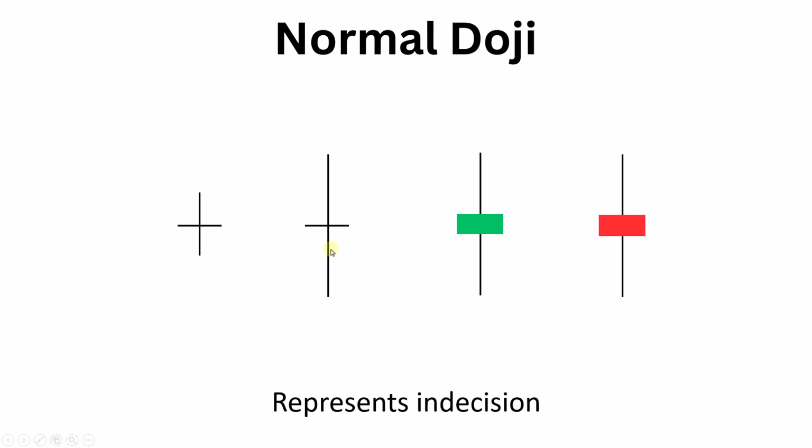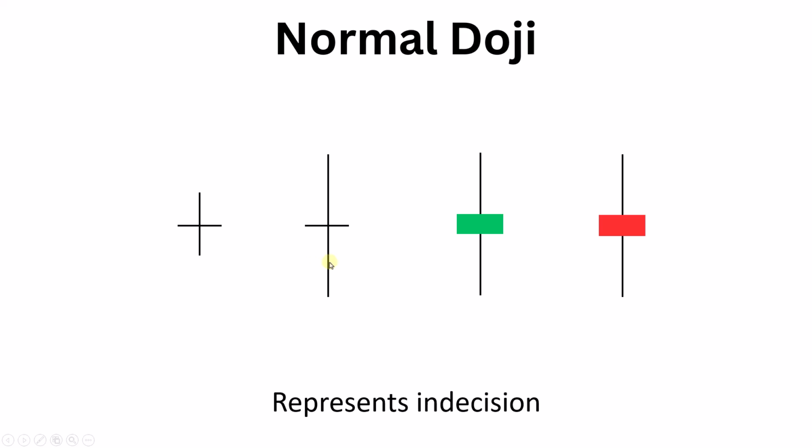Okay. Now we do not take a new trade based on a doji. We exit from an existing trade if we get a doji. If you have an uptrend and if a doji forms at the end of the uptrend, then it means that the uptrend is coming to an end.